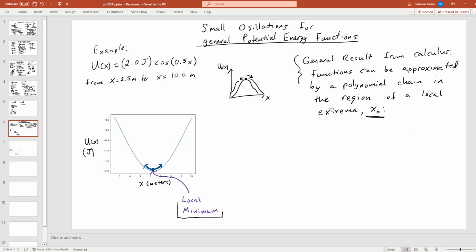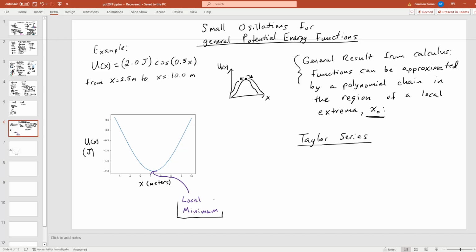So we're going to apply what's known as a Taylor series. In the region of your local minimum, and let's erase the particle and the arrows so it's a little easier to see exactly where that minimum is.